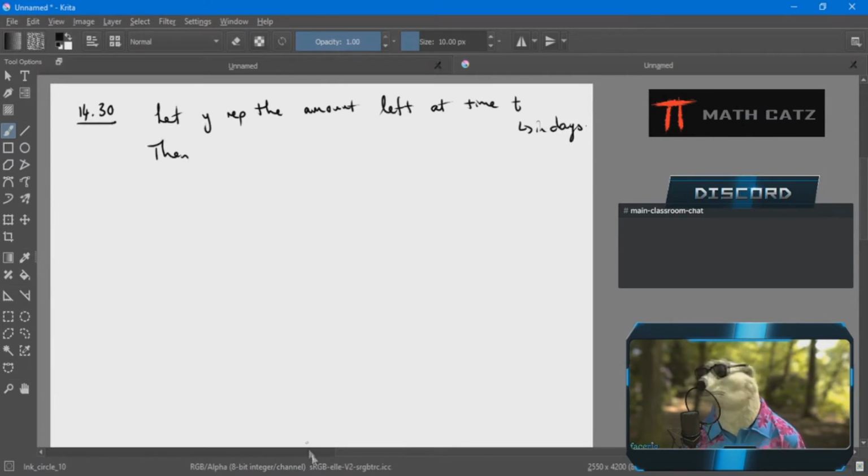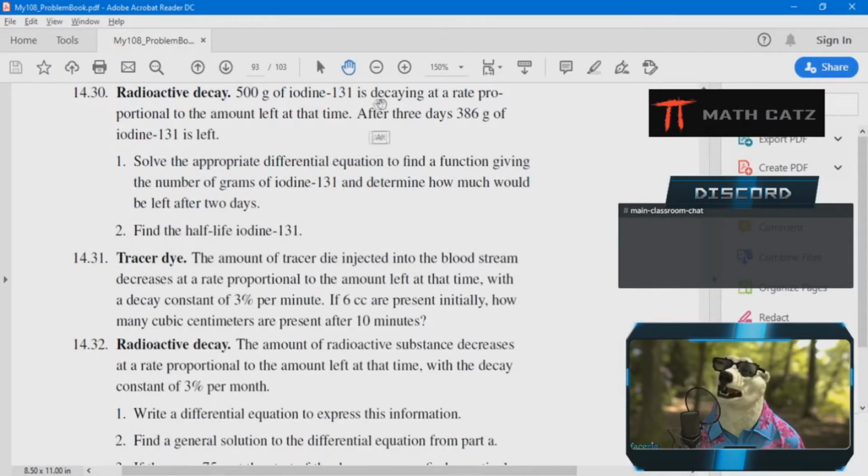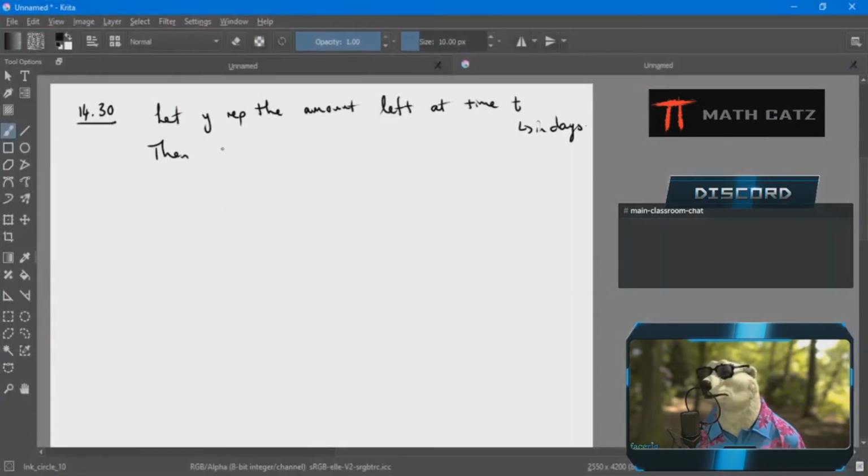Then the sentence is decaying at a rate proportional to the amount left at that time, allowing us to translate that to our familiar differential equation with 500 grams originally.